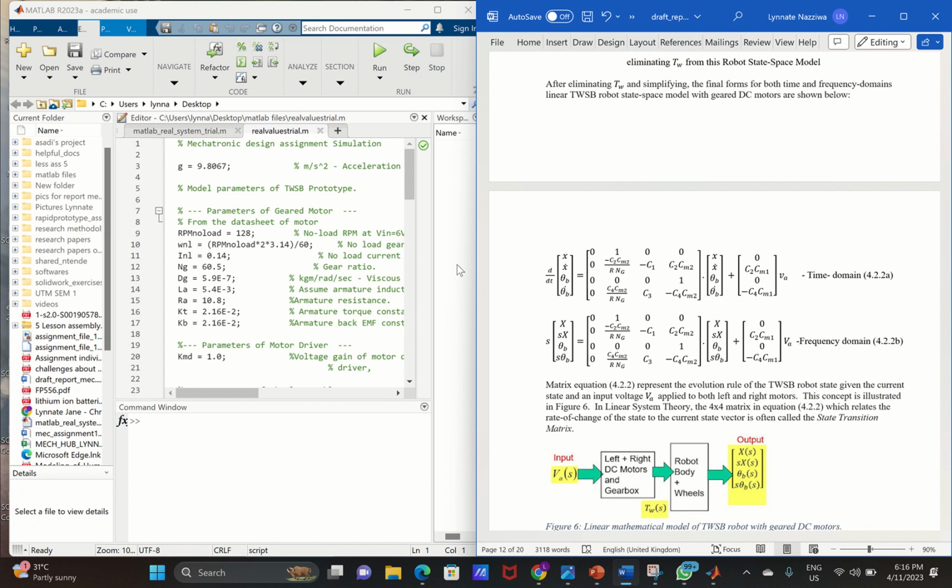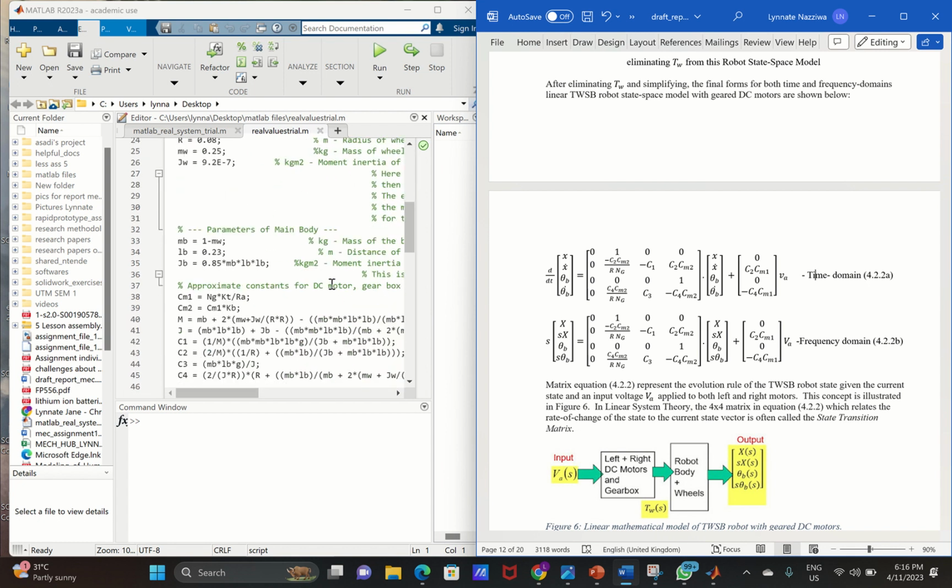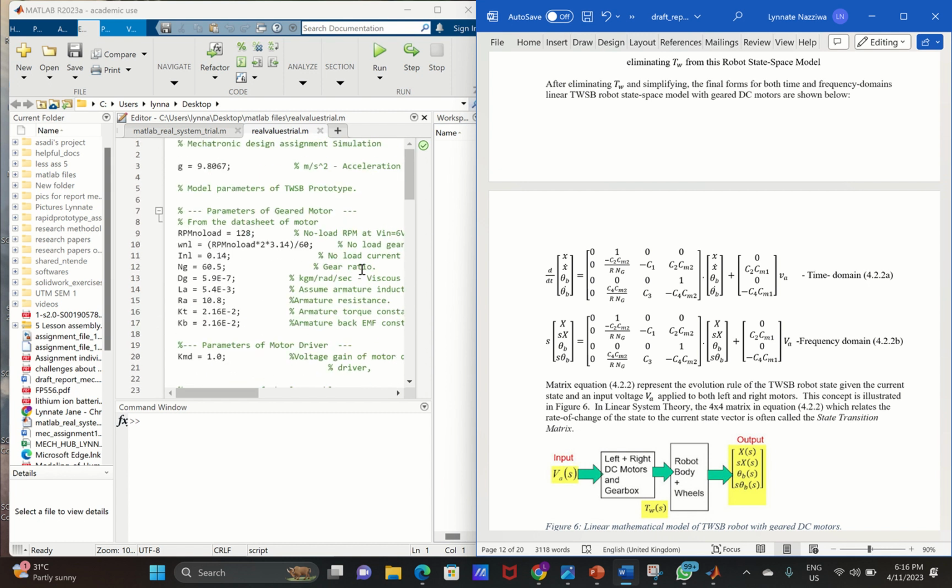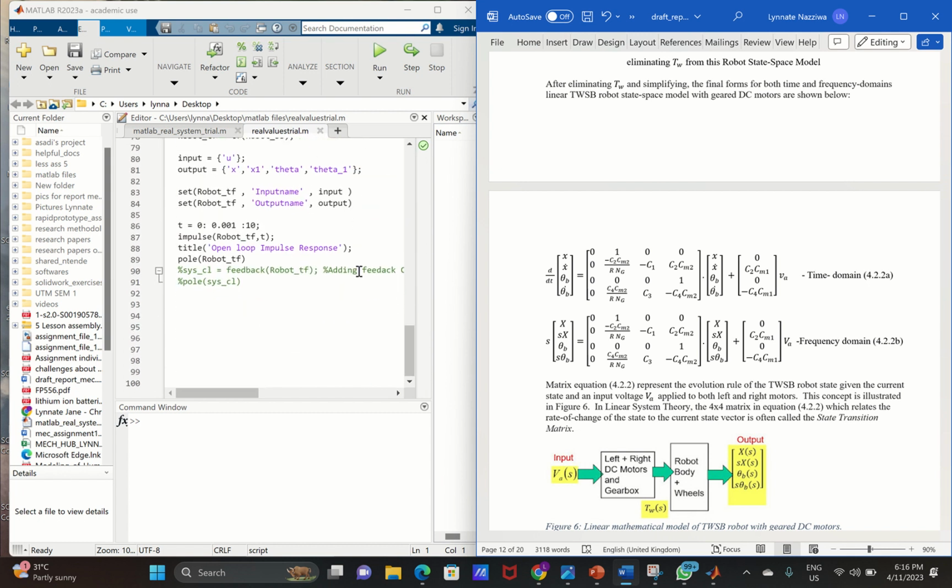So moving on to our simulation in Matlab, we are able to get the various parameters that are required in accordance to our model here from the datasheet of the motor, and those include the armature resistance, the armature torque constant, the armature back EMF constant, moment of inertia, and many others, as you can see here.